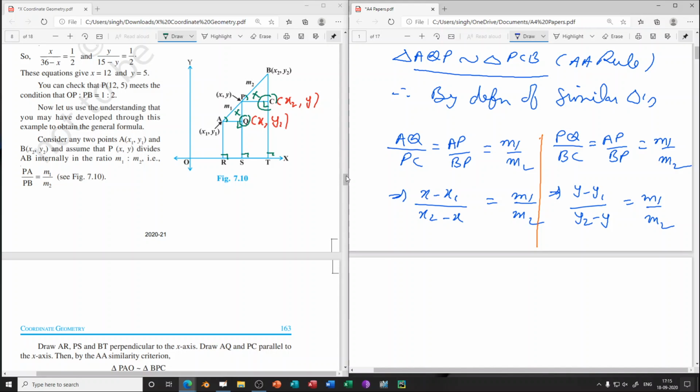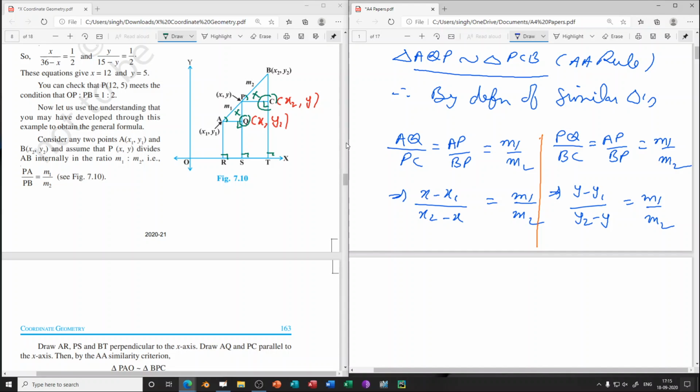Similarly, we go to the next case, how to find the y coordinate. For that, we take the ratio of AP over BP equal to PQ over BC, because whenever two triangles are similar, their corresponding sides are in equal ratios. So PQ over BC equals AP over BP, which is equal to m1 by m2.